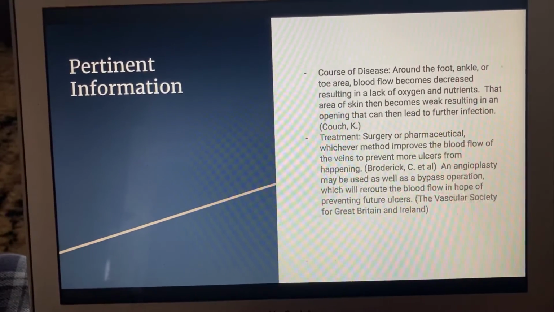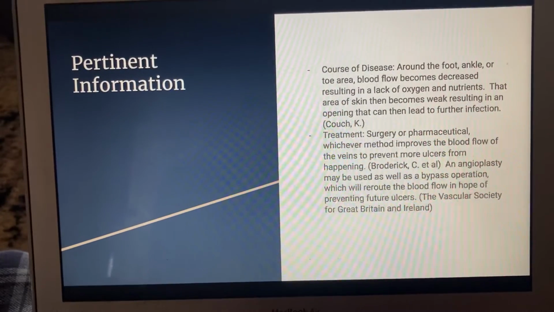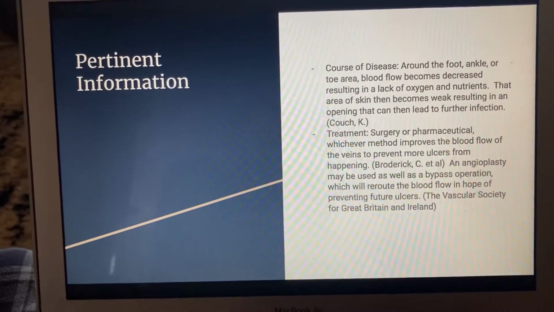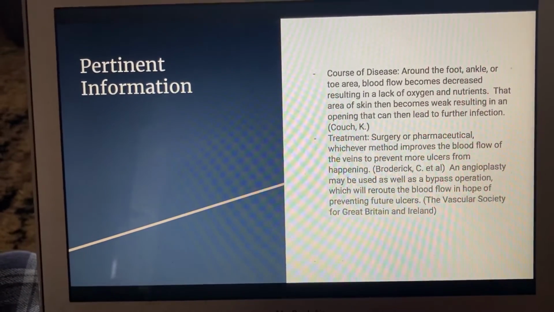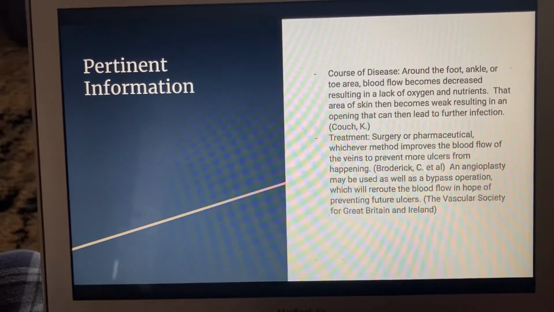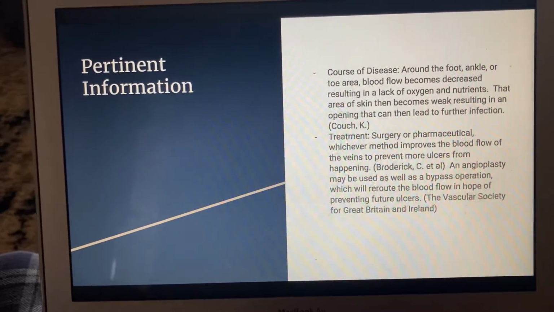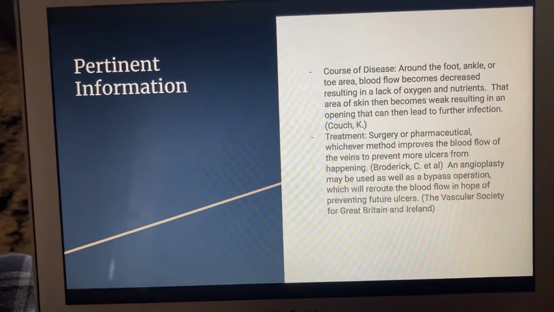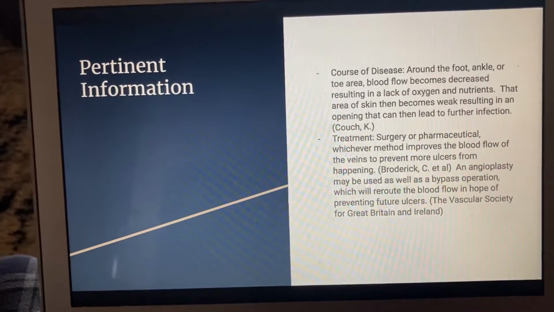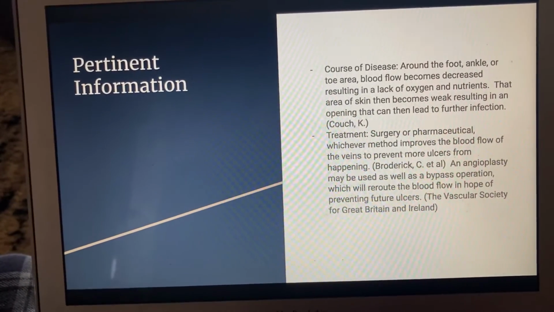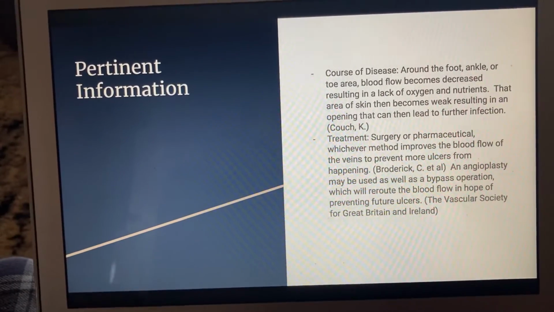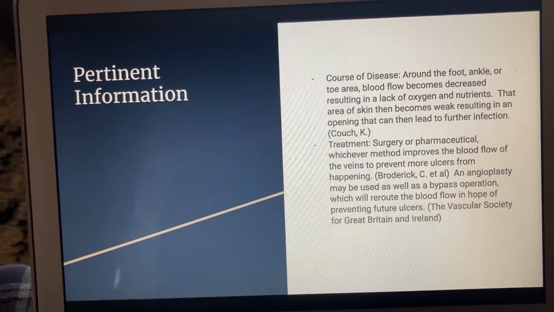Treatment includes surgery or pharmaceuticals, whichever method improves the blood flow of the veins to prevent more ulcers from happening. You want to improve the blood flow because poor blood flow is the reason why these ulcers happen in the first place, because the area wasn't getting enough oxygen and nutrients.